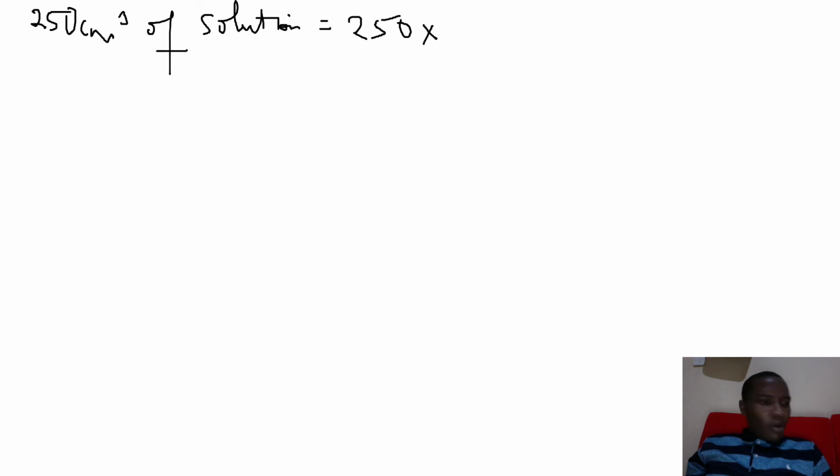So 250 centimeters cubed of the solution has 250 itself multiplied by the moles that we got, 1.2 times 10 to the power negative 3, then we divide the whole of this by 25.